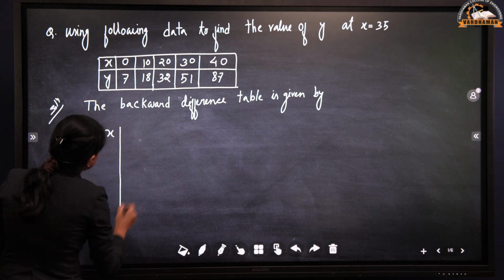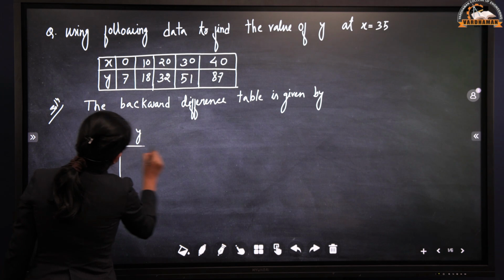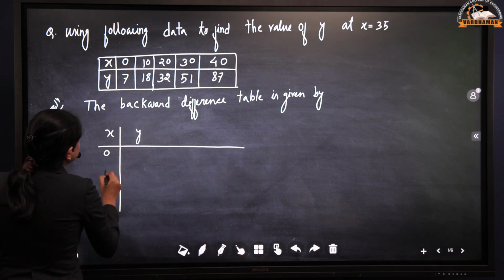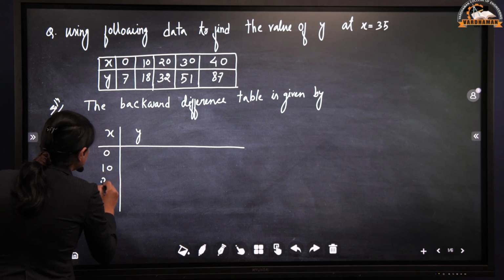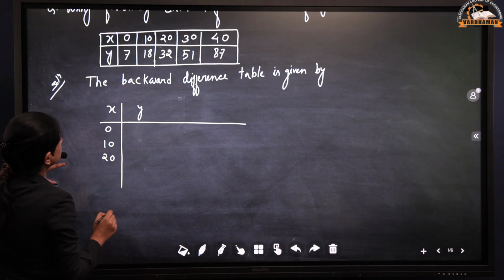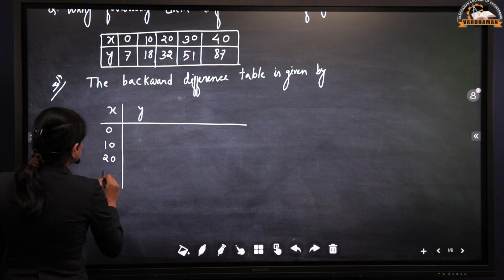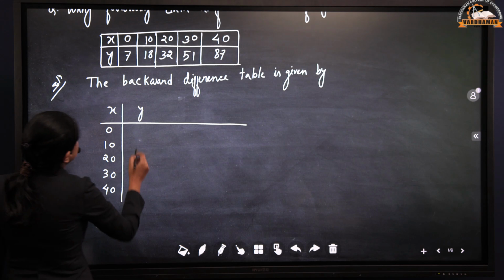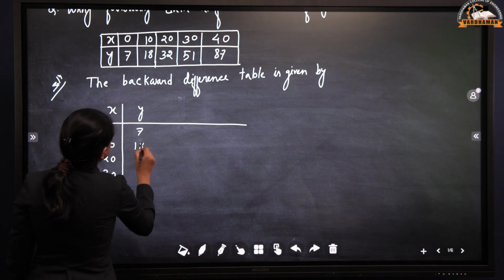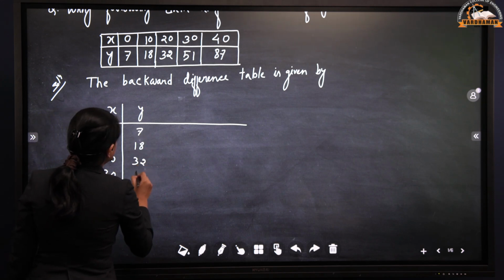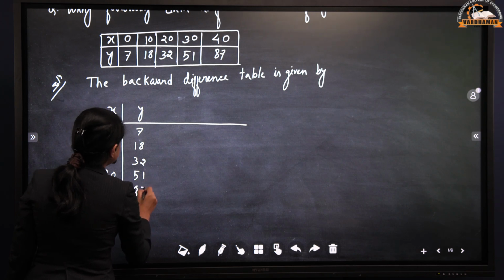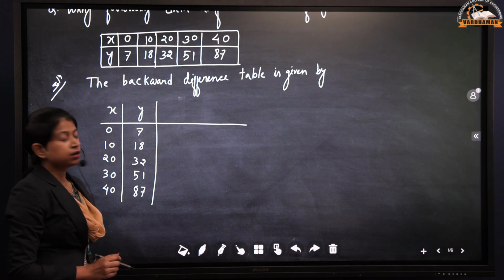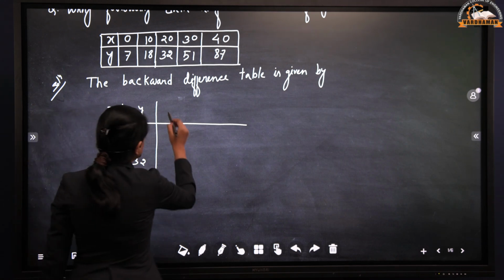These are x values, these are y values. X values are 0, 10, 20, 30 and 40. And y values are 7, 18, 32, 51, 87. First of all, we need to find the first backward difference.